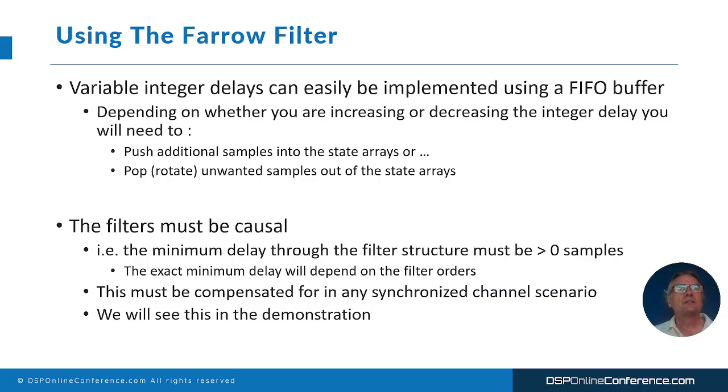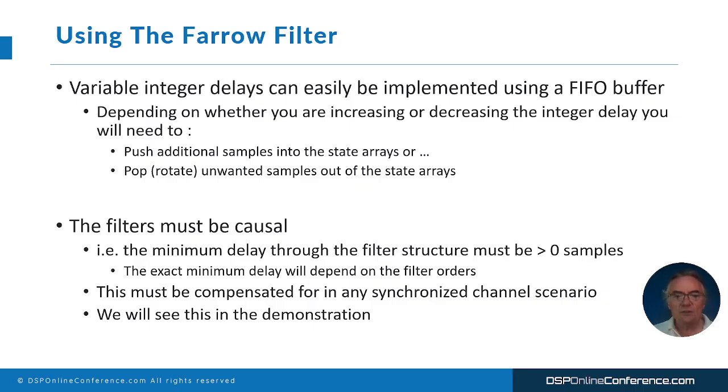How large is your delay going to be? Is it always going to be a fraction between 0 and 1? Or might your delay be larger? Again, a variable delay. For example, maybe your delay lies between 2.3 and 5.6. In this case, we need to support integer delays.